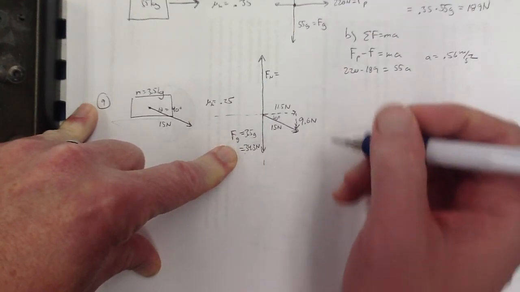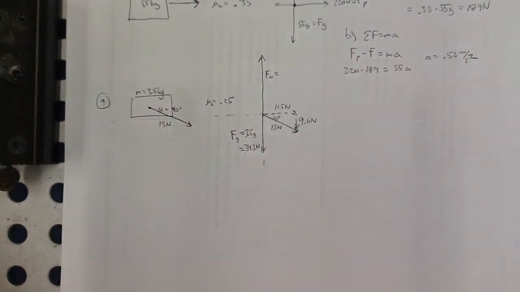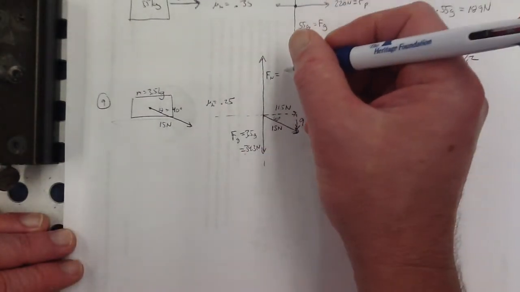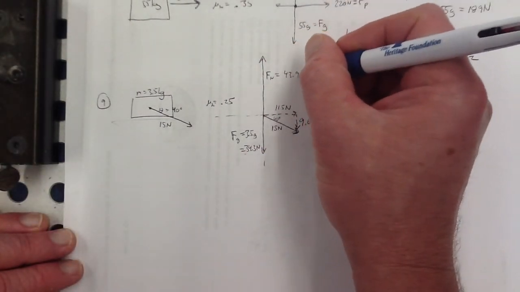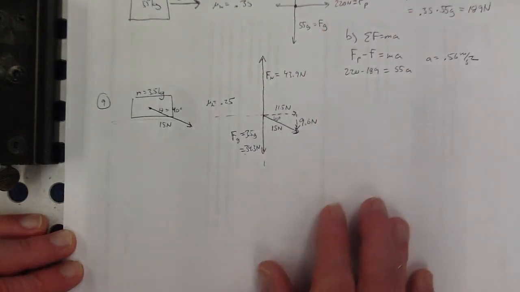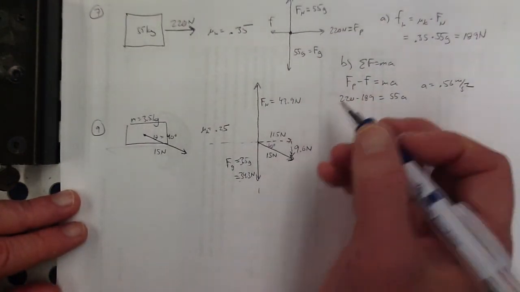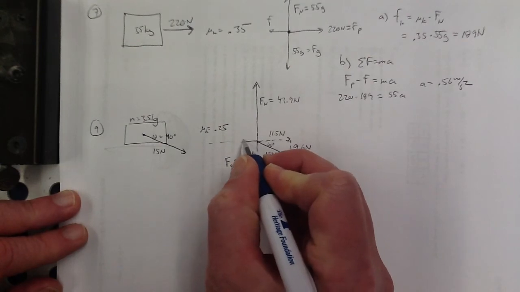So let's see. I got how much normal force? I got 34.3 plus 9.6. And that's going to make the situation a little stickier. No pun intended.